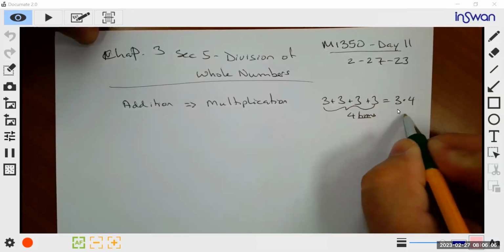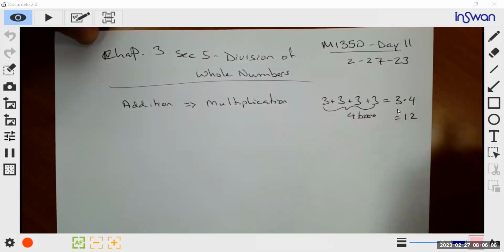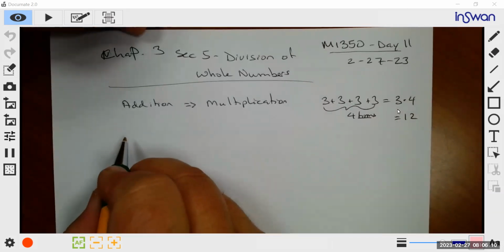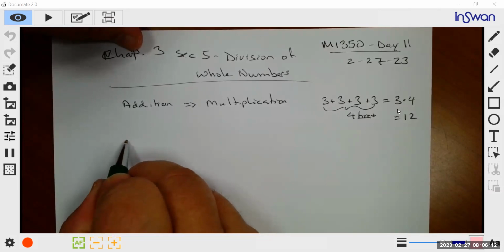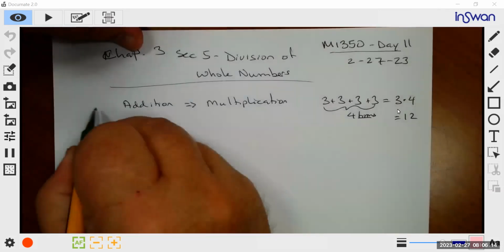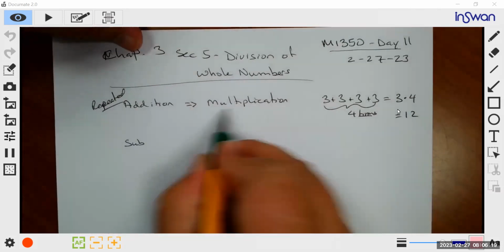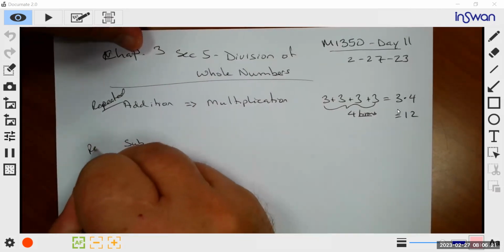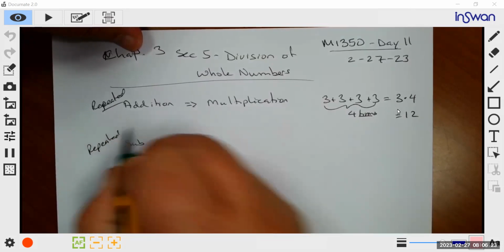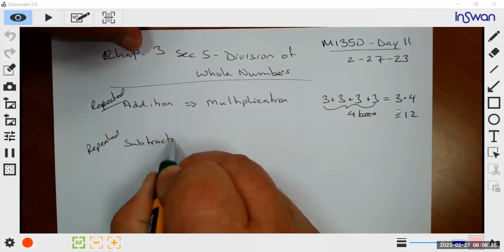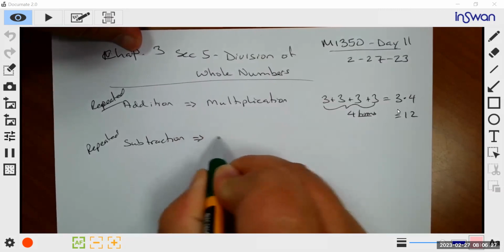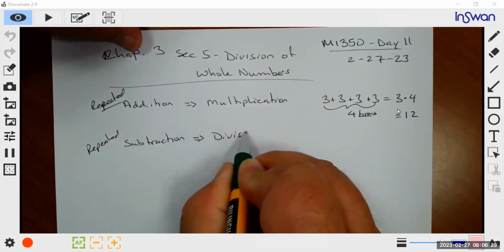So that means repeated addition equals multiplication, the same way that repeated subtraction leads to division.